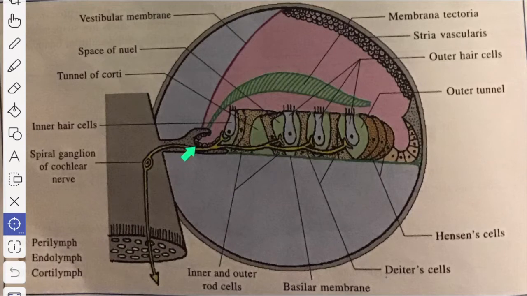The projecting free edge of the osseous spiral lamina splits into a tympanic lip and a vestibular lip separated by a C-shaped sulcus known as the sulcus spiralis internus. The tympanic lip is perforated by numerous foramina for the passage of the branches of the cochlear nerve.